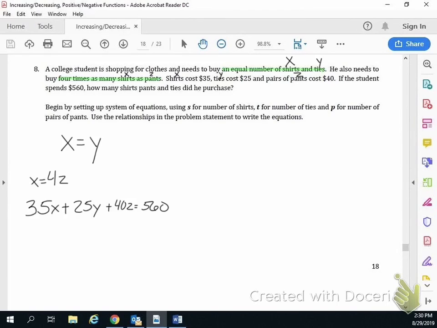So what I would do is take this Y out and put X in right there, so that I have 35X plus 25X plus 40Z equals 560. Combine my like terms. So I've got 60X plus 40Z equals 560.